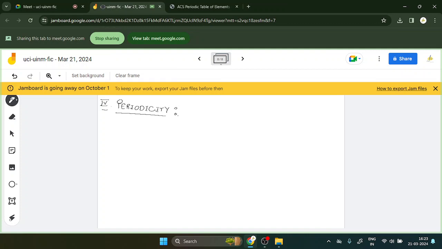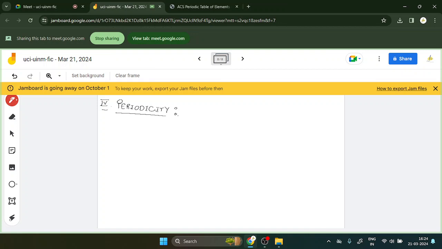Now what do I mean by periodicity? Periodicity means repetition. After a regular interval, the properties of the elements will reappear at regular intervals. So this is called the periodic properties, and this phenomenon will be called the periodicity.